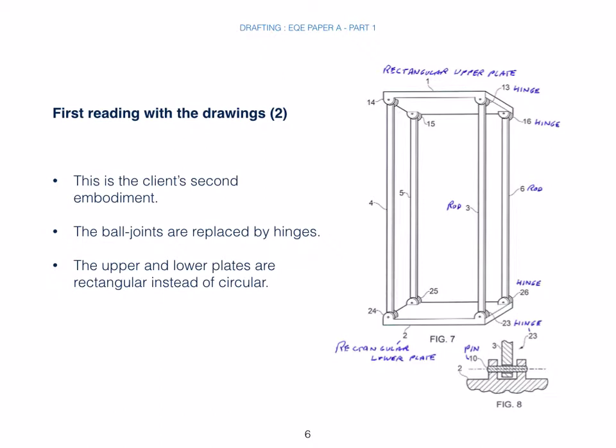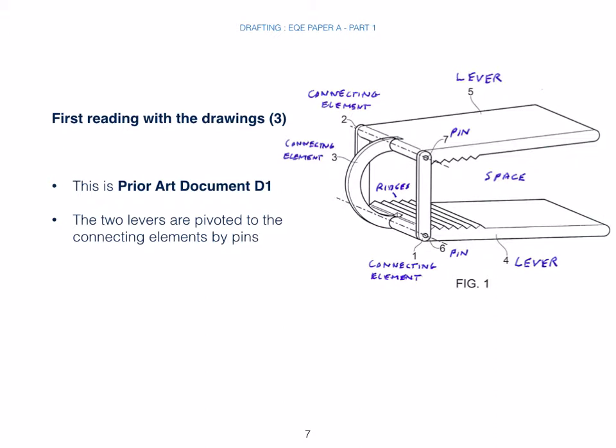Now we'll have a look at the figures from the prior art documents, starting with document D1, which is now shown on the slide, figure 1 of document D1. We need to write the names of the different parts.